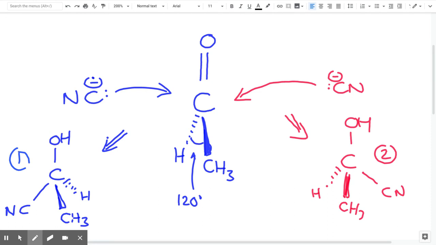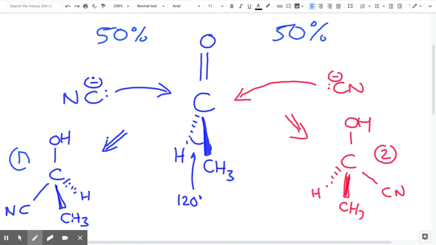They're now no longer superimposable. Because of attack either above or below the plane, we've drawn left and right, but from either above or below the plane of that carbonyl group, it can attack with 50% probability on both sides, so it's equally likely to attack on both sides.